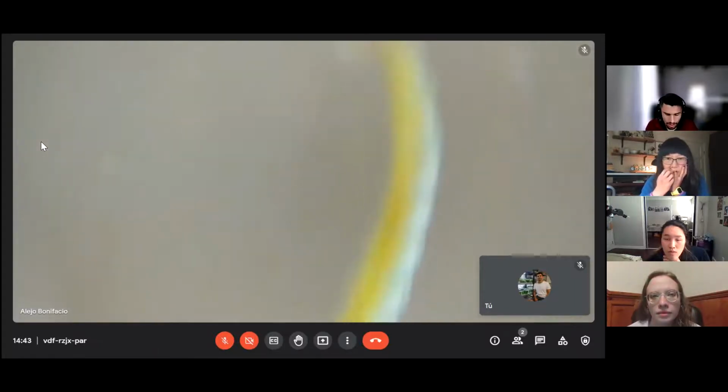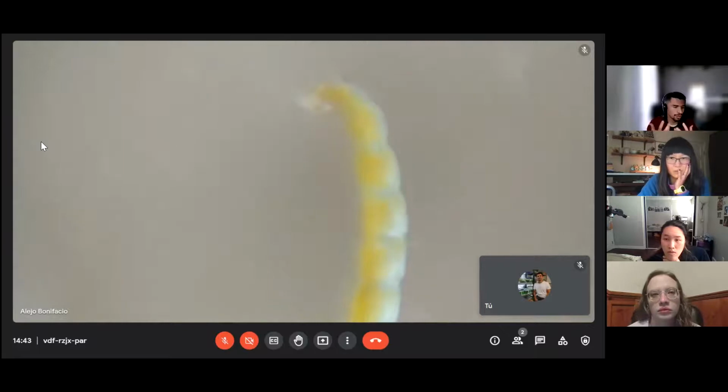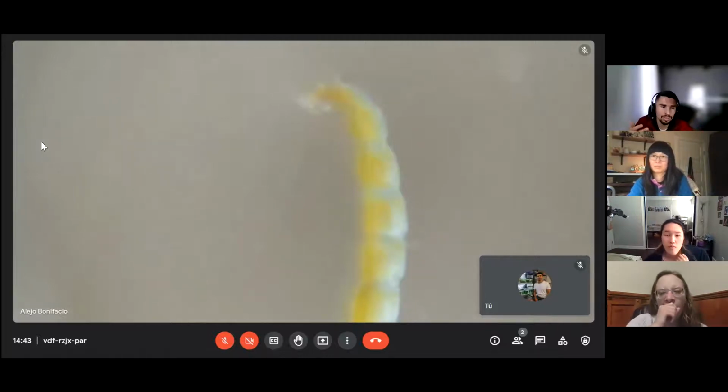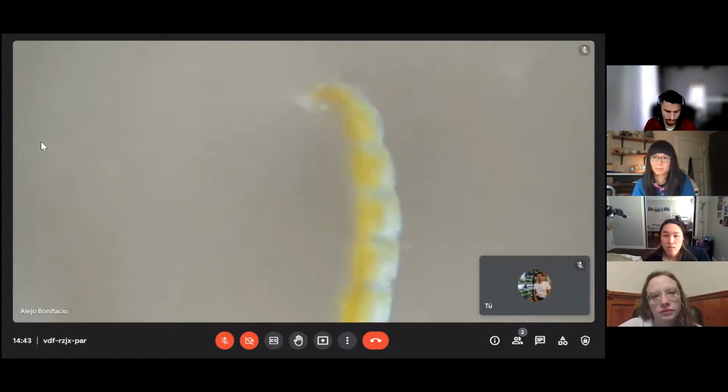But when you preserve them in 70% ethanol, they lose the color. Because of that, it's very important to do the step-by-step bioindicator activity in the field with live animals. You don't need to kill them if you don't like to do that.